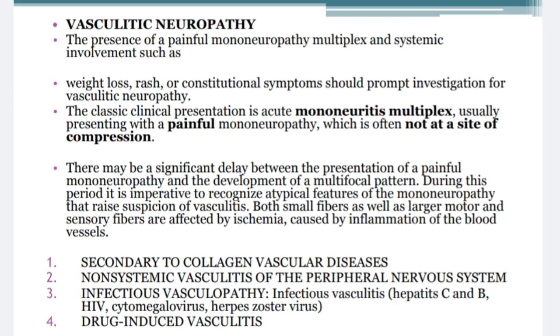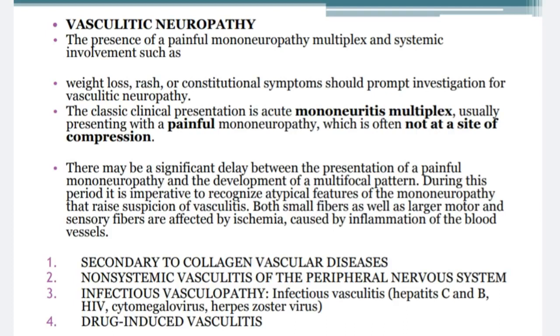Vasculitic neuropathy. The presence of painful mononeuropathy multiplex and systemic involvement such as weight loss, rash, or constitutional symptoms should prompt investigation for vasculitic neuropathy. The classical clinical presentation is acute mononeuritis multiplex, usually presenting with a painful mononeuropathy, which is often not at a site of compression.